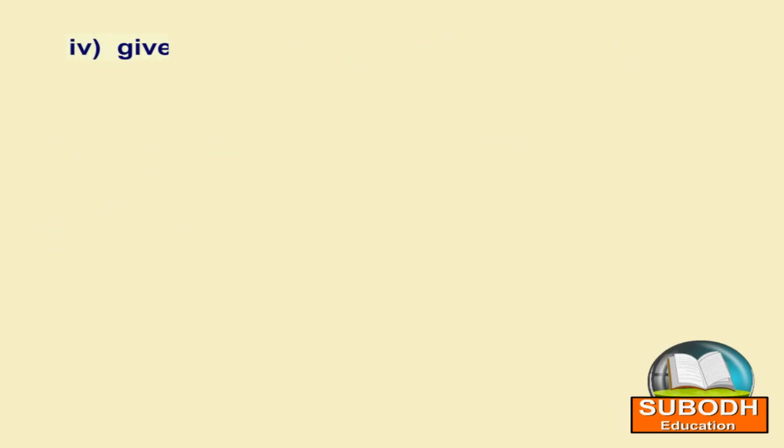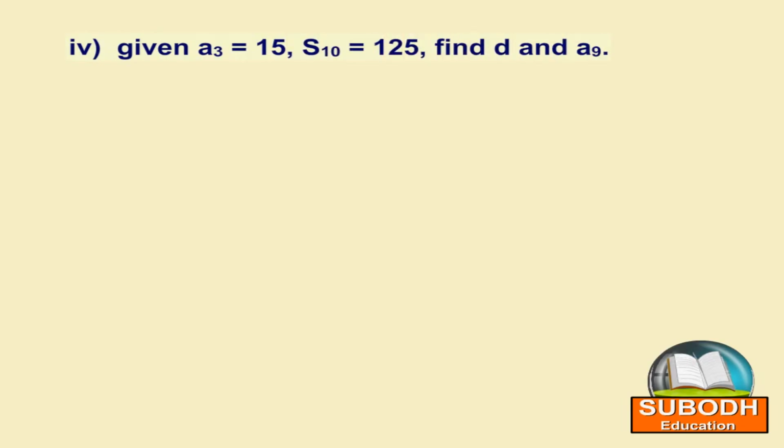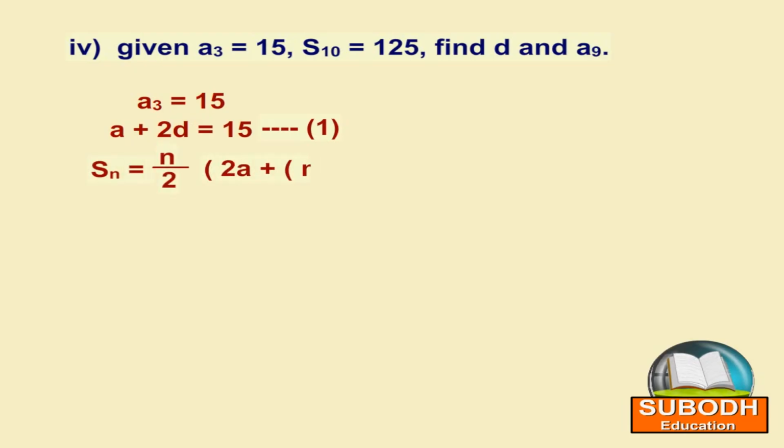Fourth example. Given a3 is equal to 15, S10 is equal to 125, find d and a9. a3 is equal to 15, a3 means a plus 2d is equal to 15, equation number first. Sn is equal to n by 2 into bracket 2a plus (n - 1) into d.